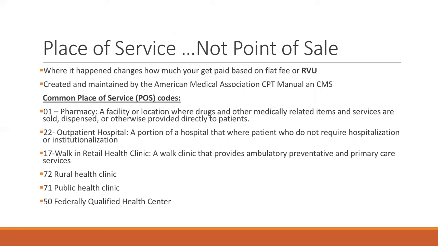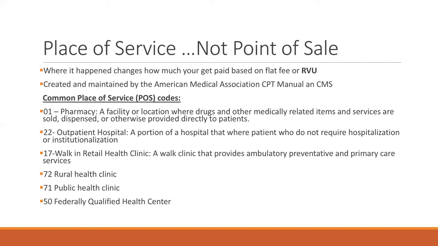And this often changes the reimbursement or the RVUs, which is a calculation of the amount of work performed for a given service. And there are common place of service codes that are maintained and created by AMA and published in the CPT manual annually. What we have here are a list of some of the common codes you would see as a pharmacist clinician.